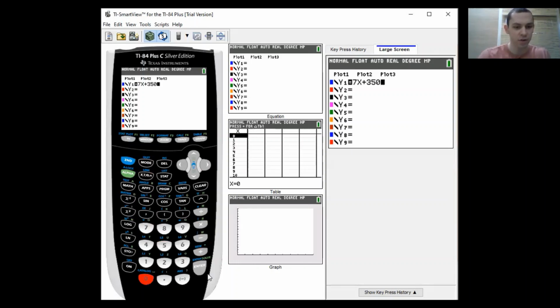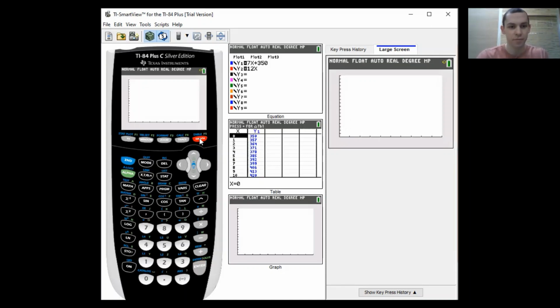So that's our first function. Hit enter, and it takes us to the second one. That's where we're going to put the 12x, or 12n, which is represented by x in this case. And that profit now is still represented by y. So hit enter. Then I'm going to hit graph.